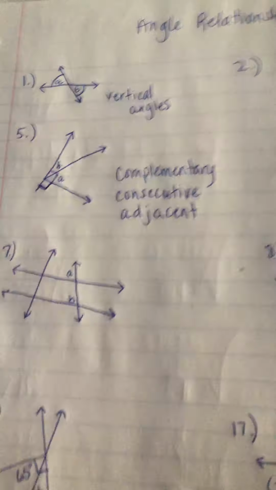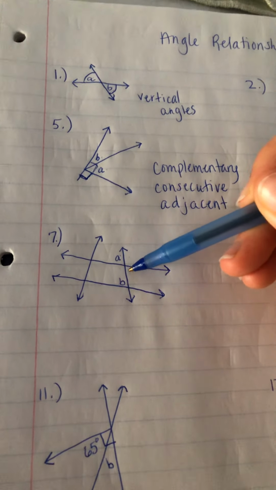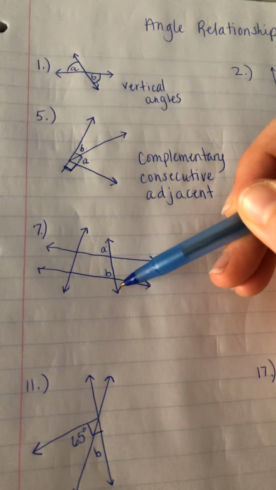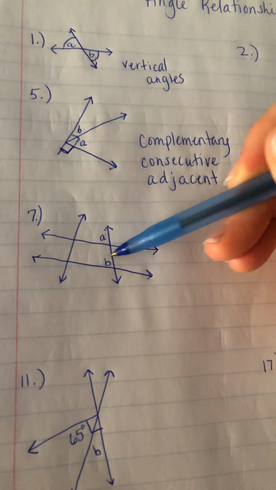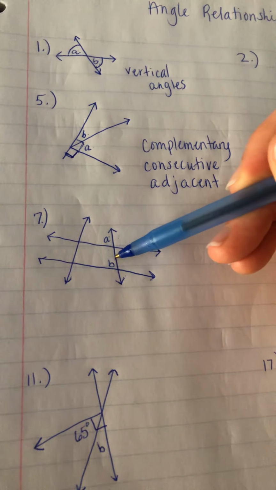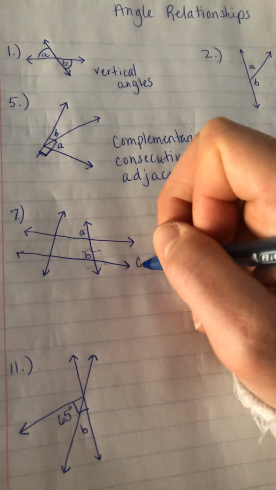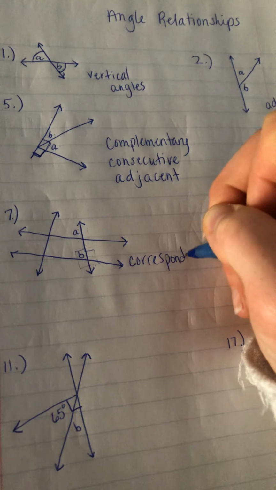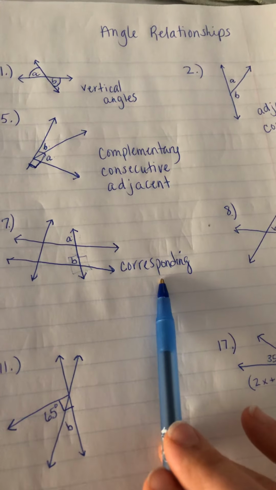So remember, I identified angles as top left, top right, bottom left, bottom right when I taught this to you. So this is in the top left position for these four. This is in the top left position for these four. So we call those corresponding.